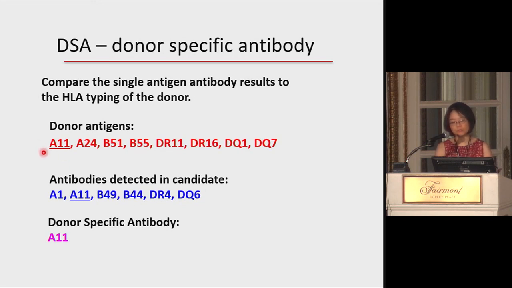So your conclusion would be that they have 4 class 1 anti-HLA antibodies and 2 class 2 anti-HLA antibodies, but only 1, the A11, is donor specific. So presumably all the other antibodies will not react against your donor kidney, right? Because those antigens just aren't there.